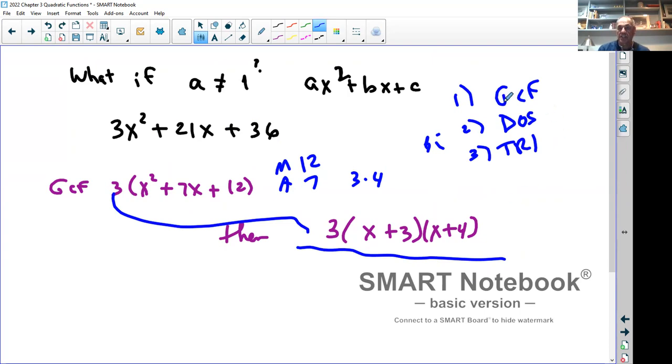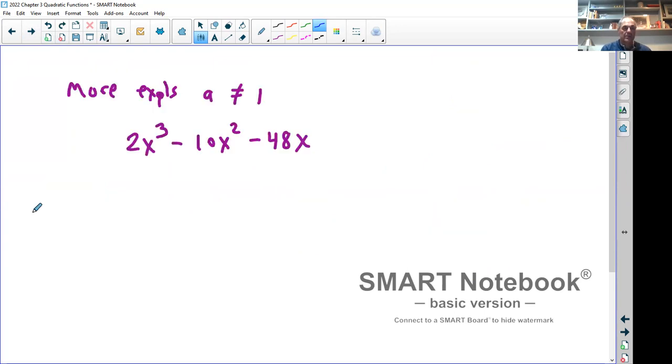So GCF first, not going to be a difference of squares, then go to trinomial. Why don't you try that one? Find a GCF. So you found a GCF of 2x, leaving x squared minus 5x minus 24.